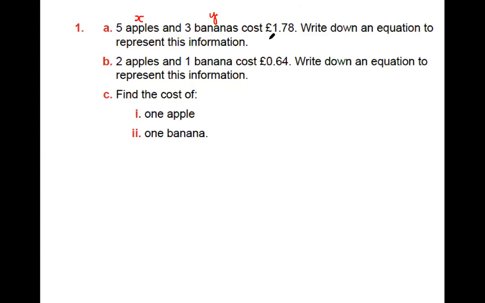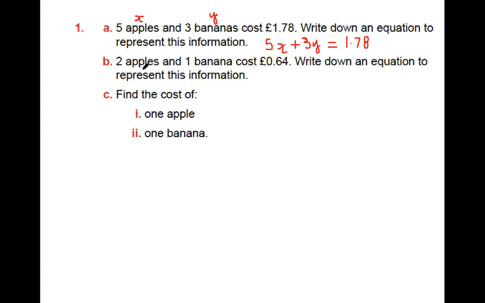So that would be 5x plus 3y equals 1.78. You don't need to put the unit just now, as long as you know at the end that your answer, you will need to put it into money.